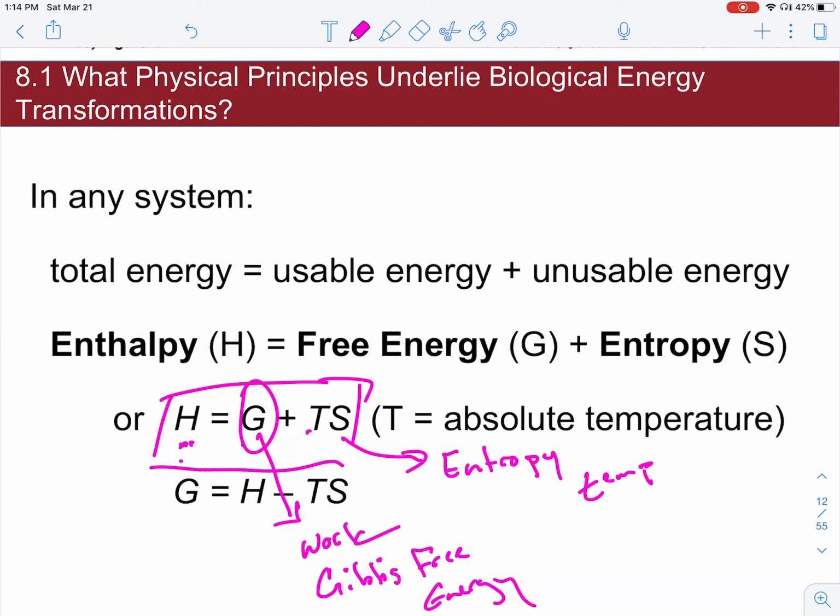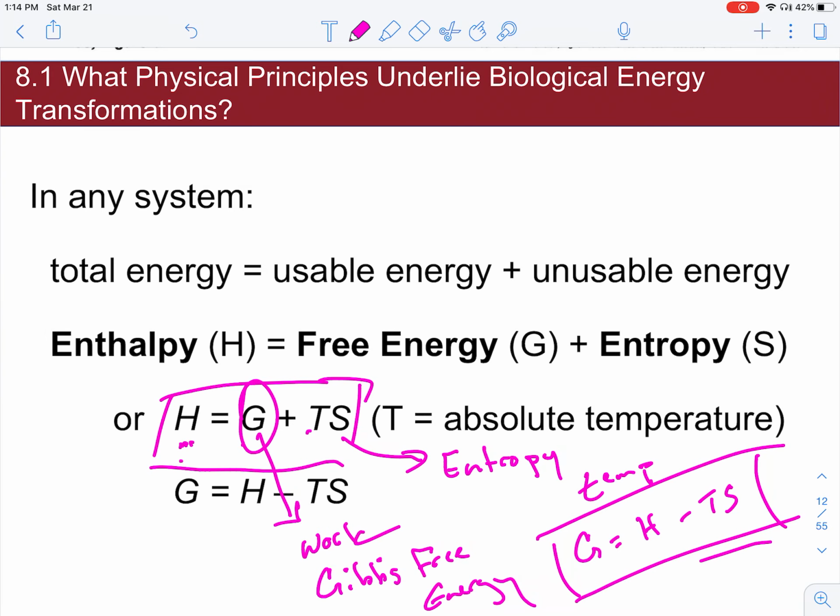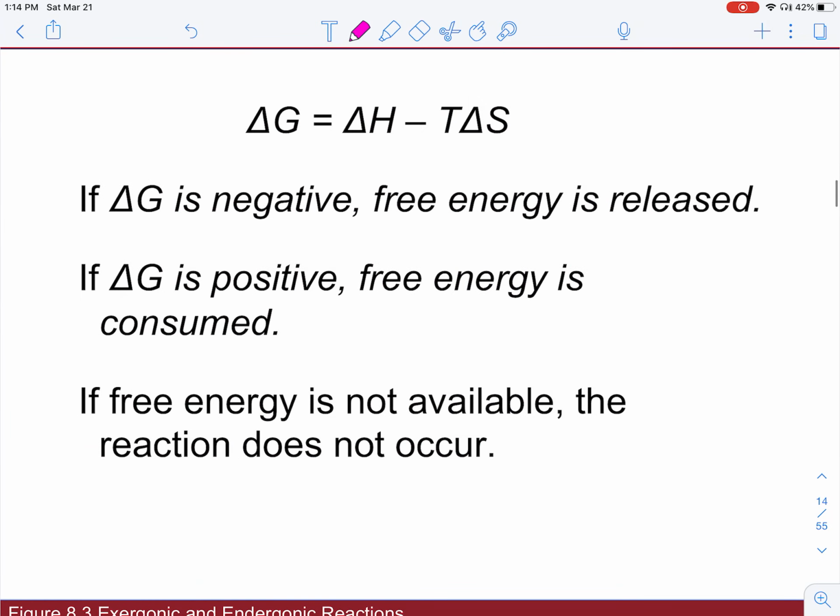Since we're usually interested in G, we can rearrange this formula to simply say that the free energy, G, is equal to the total energy minus the entropy, right? And since we are interested in these closed systems, we say that the change in free energy is equal to the change in enthalpy minus T delta S, which is the change in entropy.